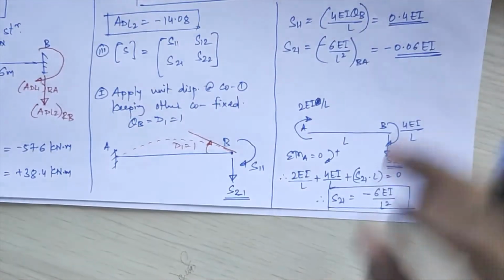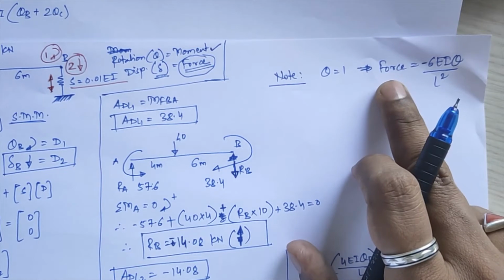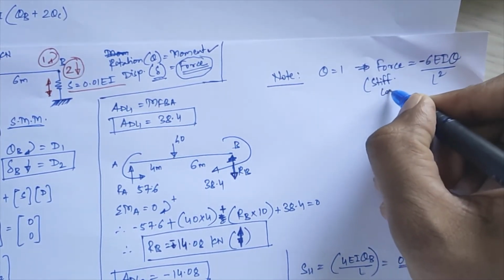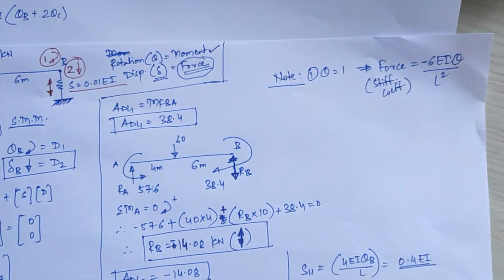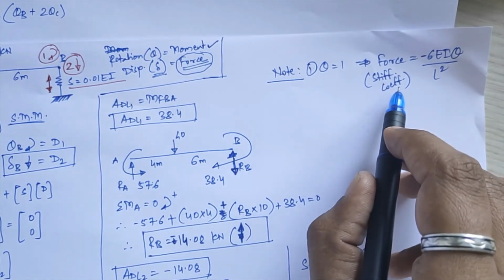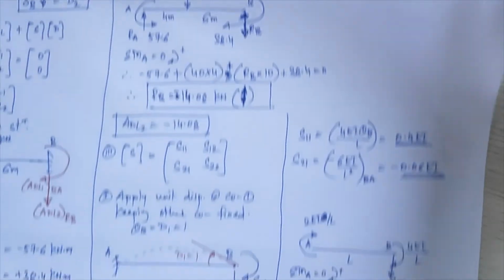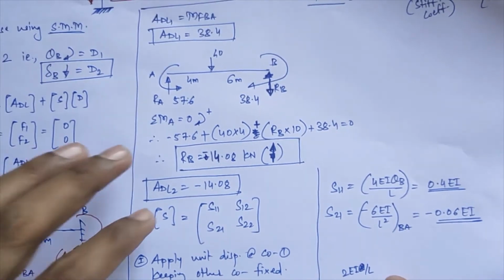Instead of force you can also write stiffness coefficient. So you note this down as your note number 1: if theta is equal to 1 and you are calculating the stiffness coefficient for the force value, it will be equal to minus 6EI theta upon L square, where theta is equal to 1. Right, now we'll go for the second part.